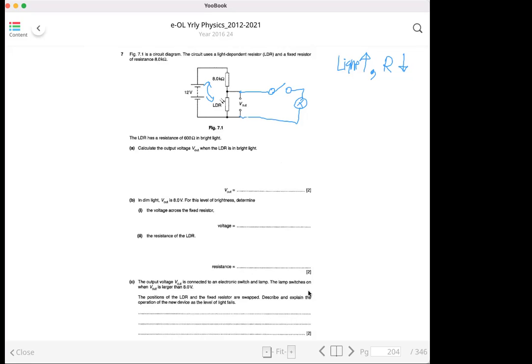Okay, we need to redraw this because the positions are swapped.